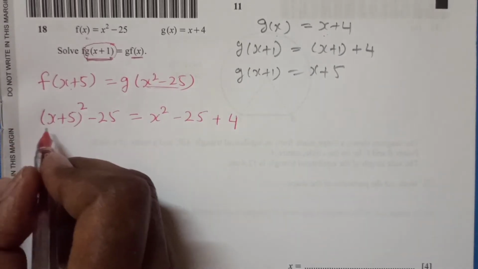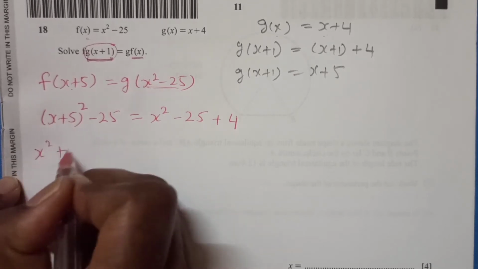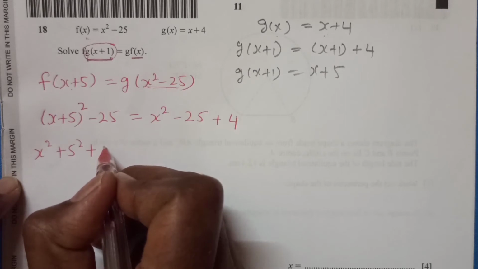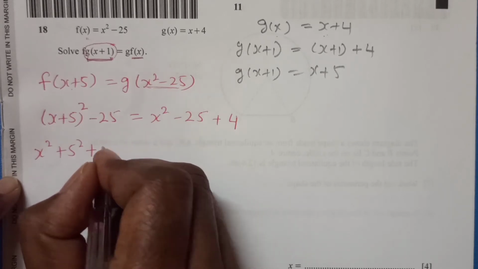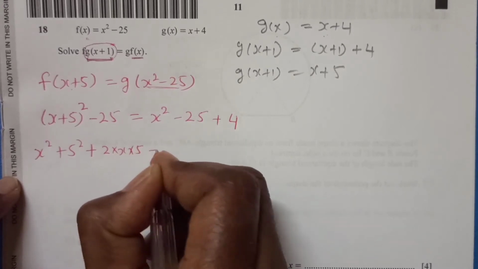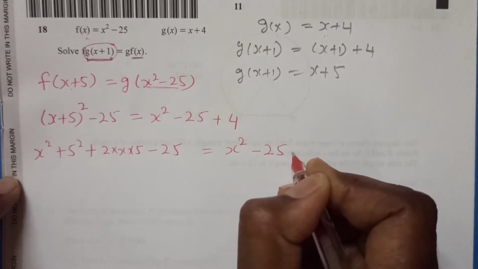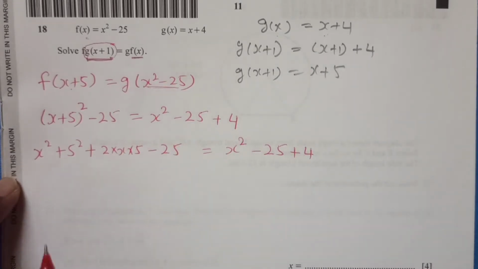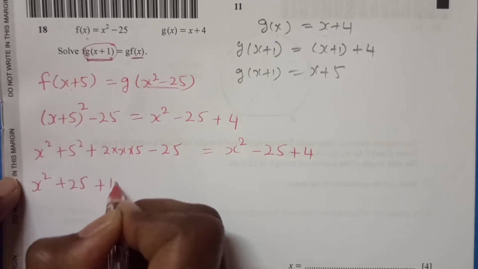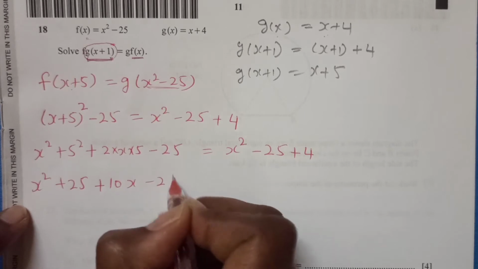So now we are going to open the bracket, a squared: x squared plus 5 squared plus 2ab, 2 times x times 5, minus 25. So here we have x squared minus 25 plus 4. This side remains as it is. So this is x squared plus 25 plus 10x minus 25.